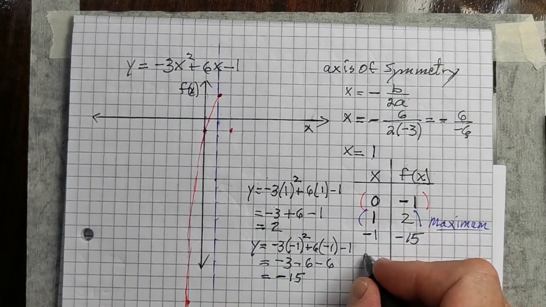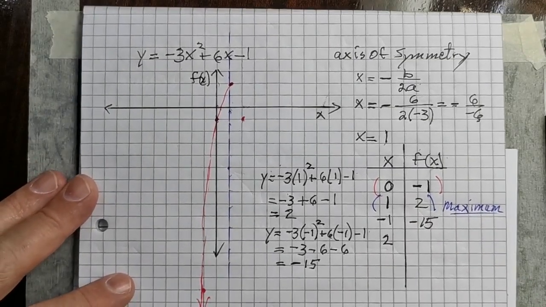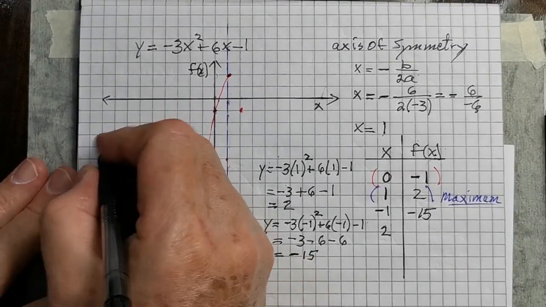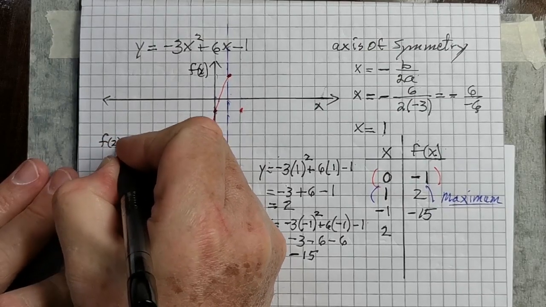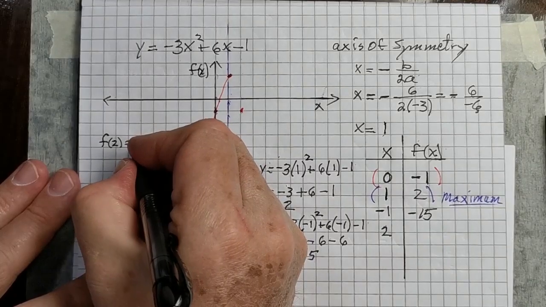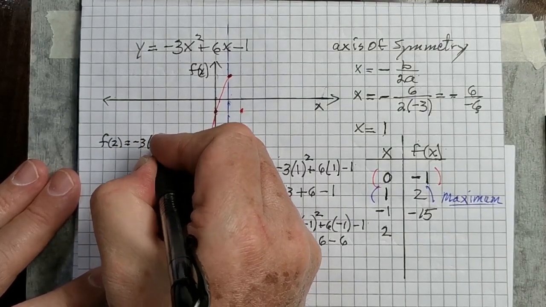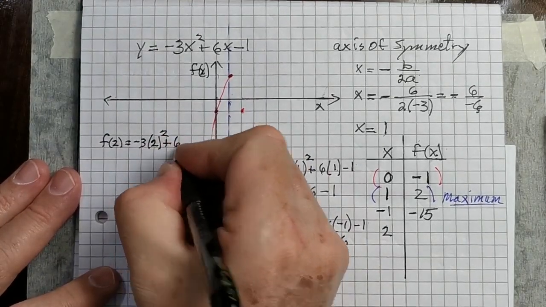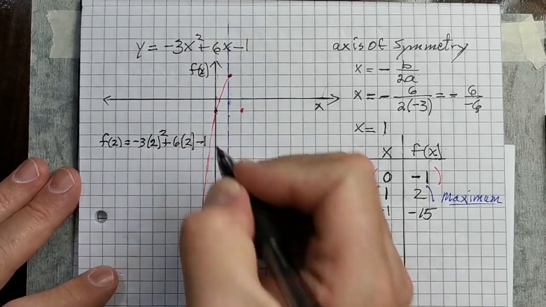So let's put in 2. What do we get out when we put in 2? Trying to keep all this in view for you in the camera. Let's do this. F of 2 is equal to, going back to our equation, minus 3 times 2 squared plus 6 times 2 minus 1.